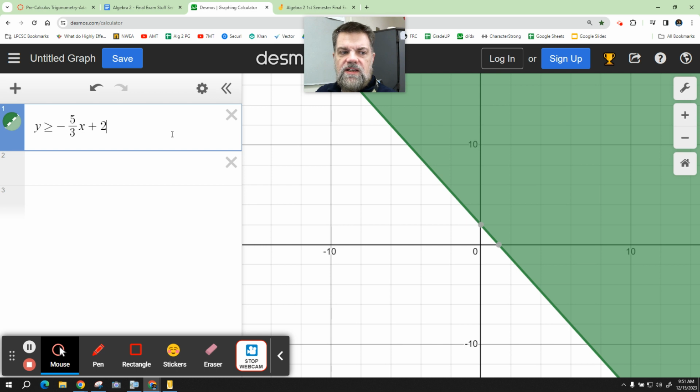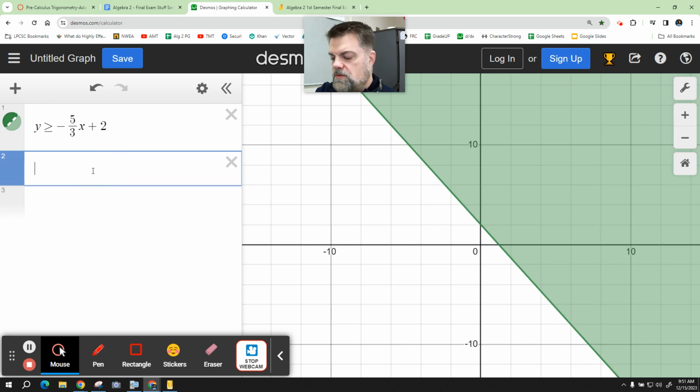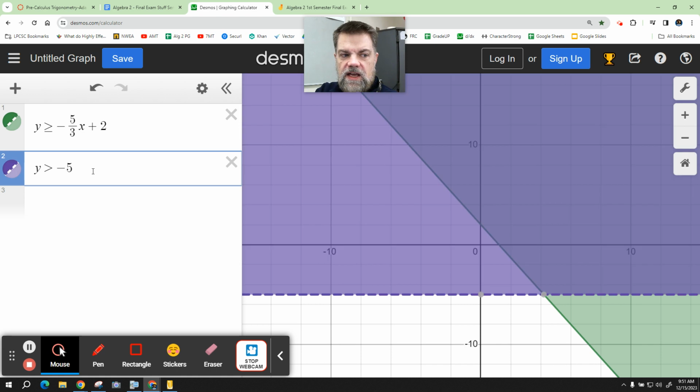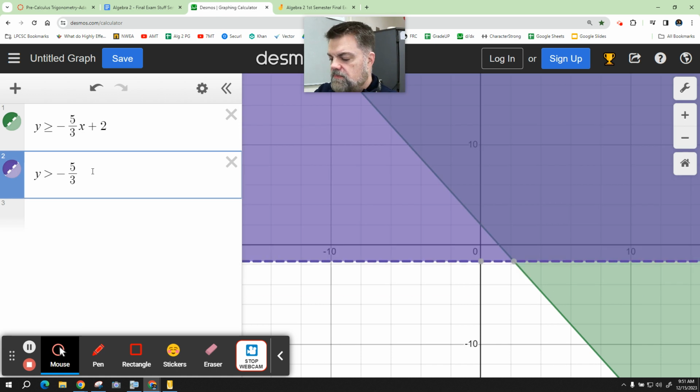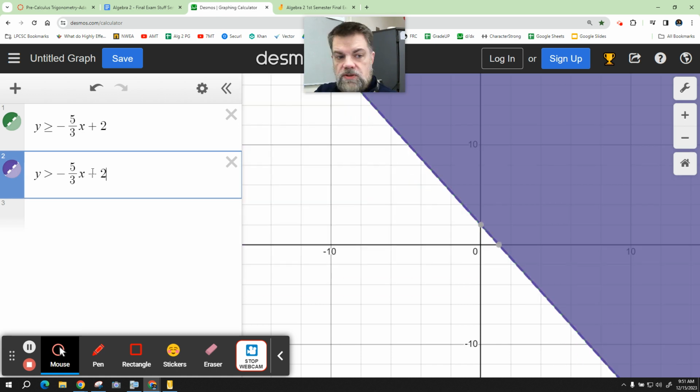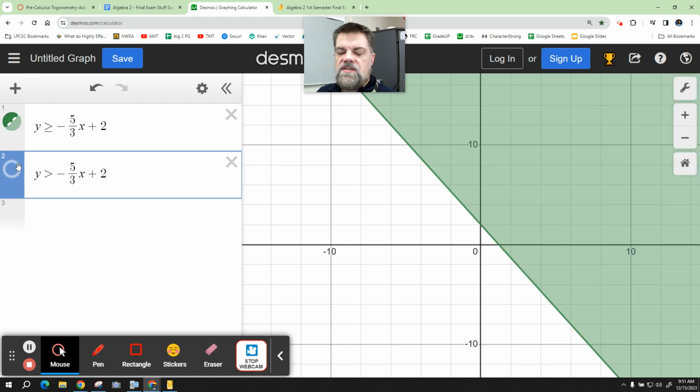Now, if I get rid of the equal sign, let me show you this too. Y is greater than negative 5 divided by 3 times x plus 2. Notice that that one has a dotted line. So Desmos will do the dotted line or the solid line depending on the inequality symbol.